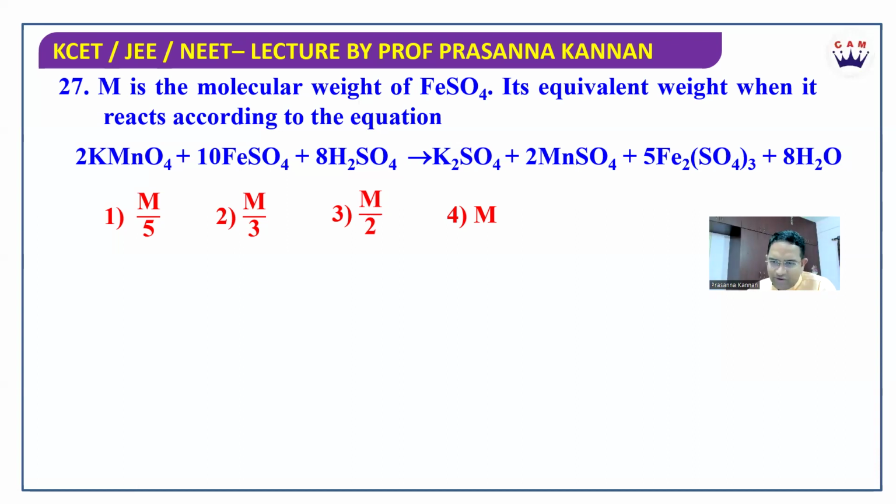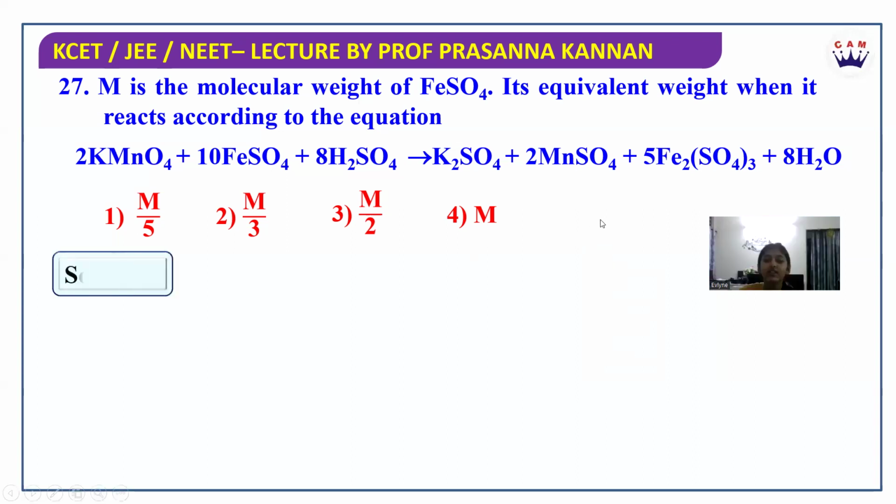Very good. So what is the oxidation state of iron? In ferrous sulfate it is +2, right? And in ferric, it is +3. So +2 is changing to +3. How many electrons are lost? Only one, sir. Exactly. Is it clear now, Evelyn?